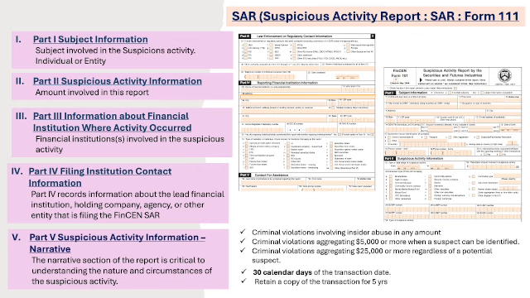Part 4 is the filing institution contact information, name, address, and things like that. And Part 5 is a narrative description of the circumstances leading to the suspicious activity. This report has to be filed within 30 calendar days from the transaction date, and a copy of the transaction needs to be retained for a period of 5 years.